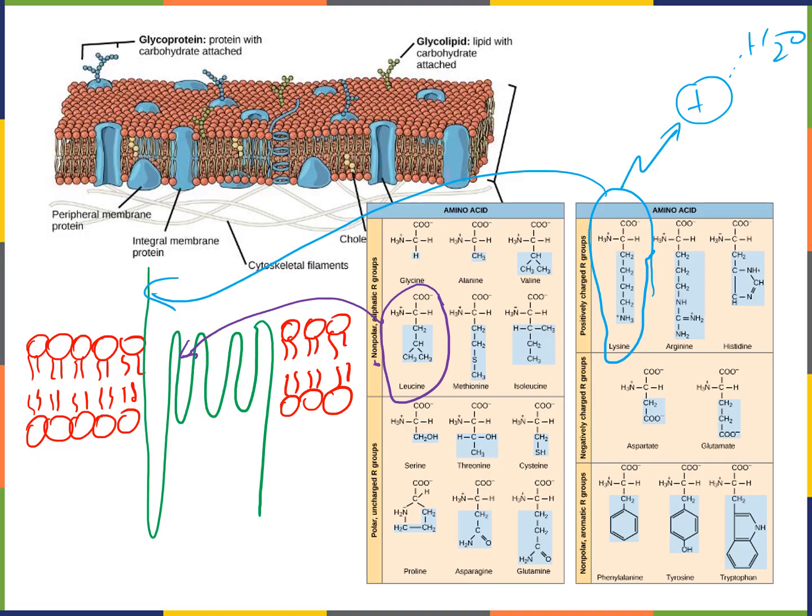So for the examinations that you want to have for the test, I will suggest you to remember how the structure of the amino acid, the R group, gives them the chemical properties of hydrophobic and hydrophilic, and where they should go in an integral membrane protein.